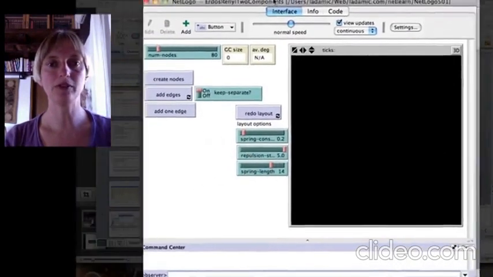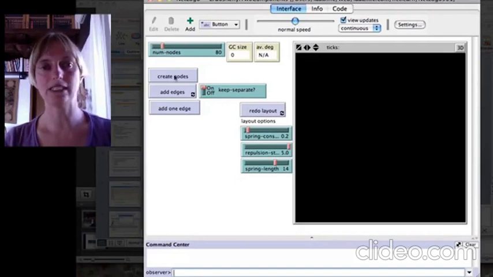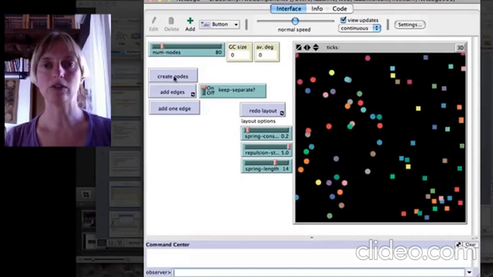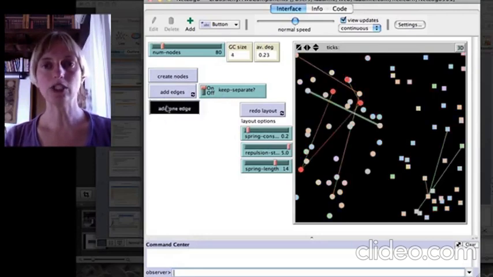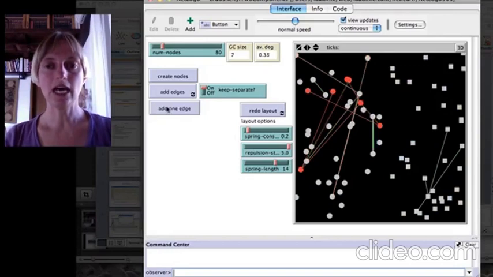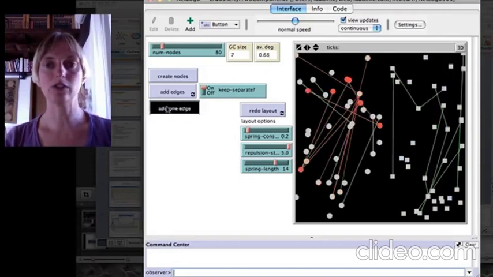And what you'll be doing at first is you're going to keep them separate. So this switch is going to be on, and you can select some number of nodes. 80 is fine. And then we're going to create the nodes, and you're going to have the circles and the squares. And while you're keeping them separate and you're adding edges, say one by one, they're only going to be occurring between the circles and between the squares, right? And so you're going to do this for a while.